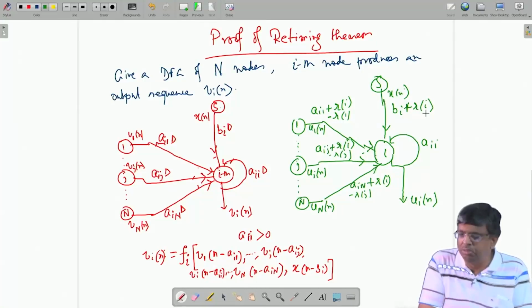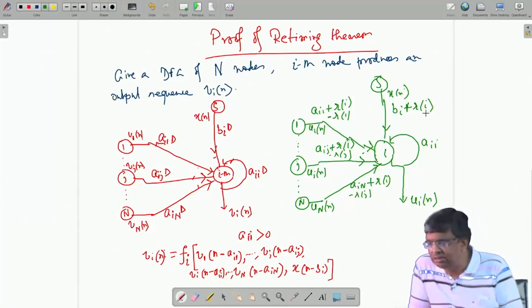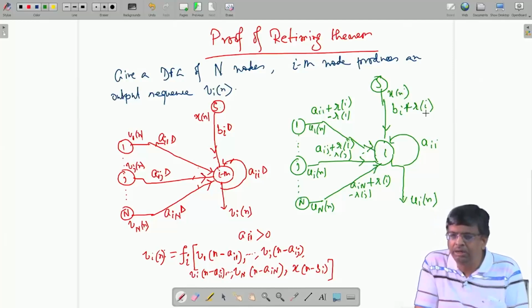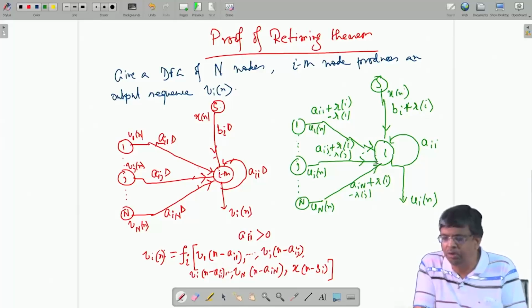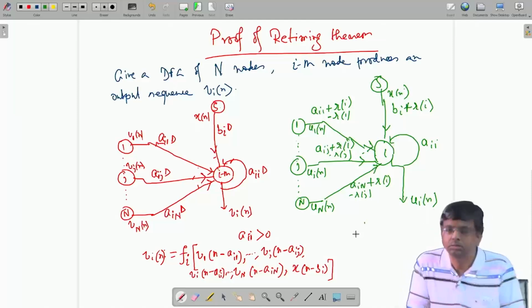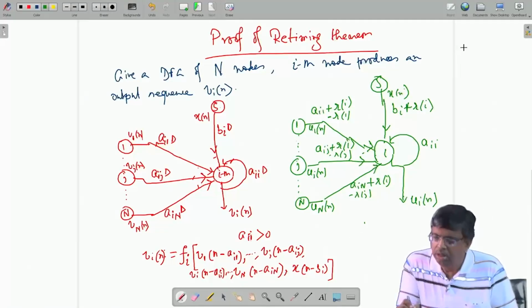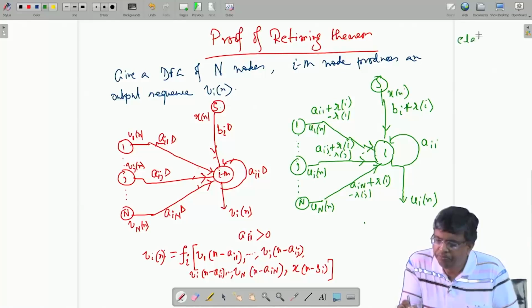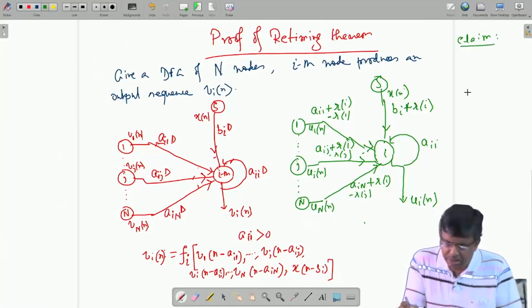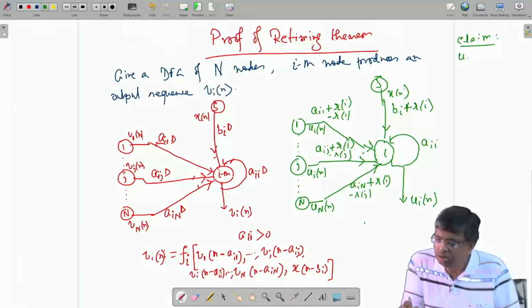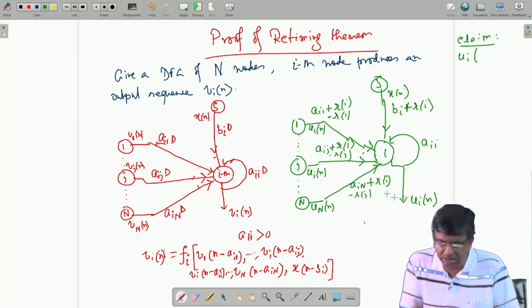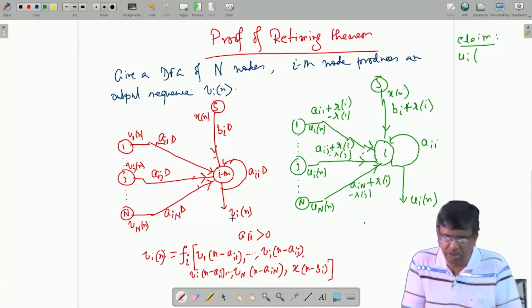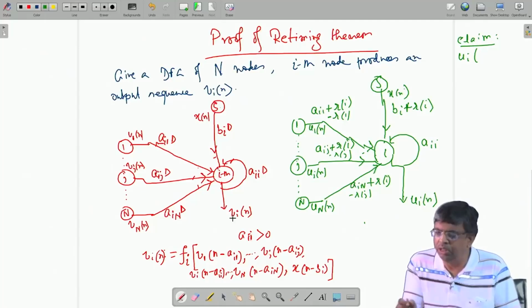So, this is after retiming, this is before retiming, and my claim is they are equivalent in the sense that UIN and VIN will be identical, just separated in time scale by a known delay, and the known delay is nothing but the retiming value of this node, which you chose and therefore you know. That is, we will have the claim: UIn is a delayed version of this. Okay, this will be VIn minus the retiming value here.